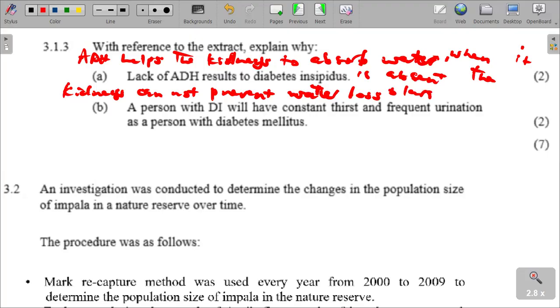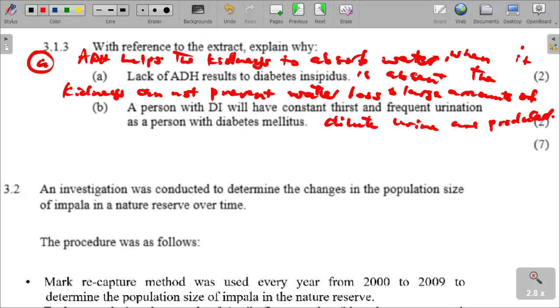Hence, large amounts of dilute urine are produced. That is answer A, and then B.